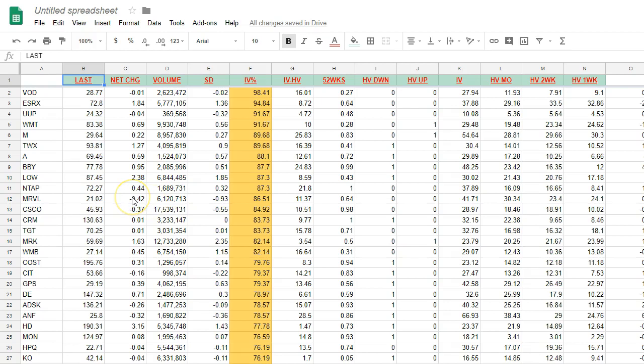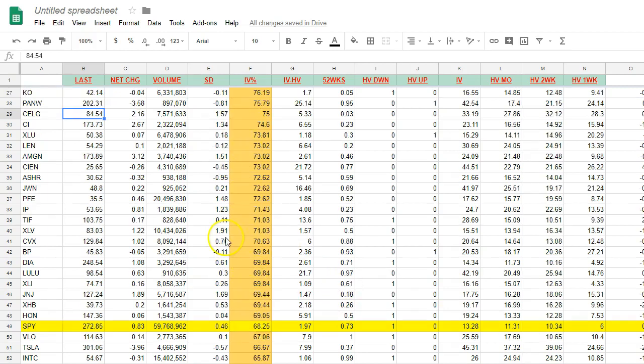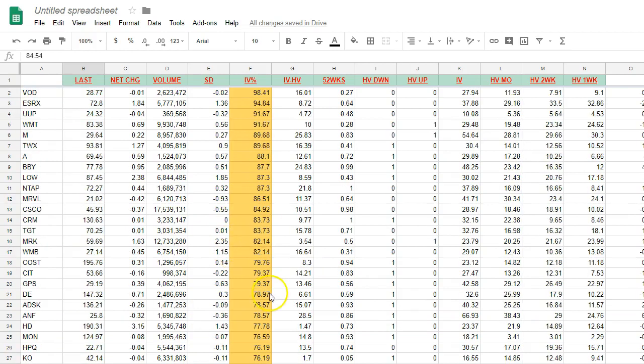Let's go down the list and see, here is SPY. The SPY volatility percentile is around 68. So I usually add 10 more to it. I trade anywhere above 78, like John Deere and above is a good trade.